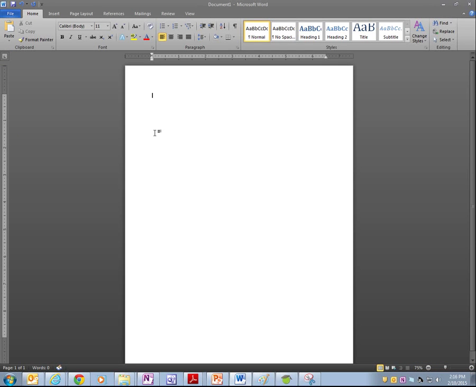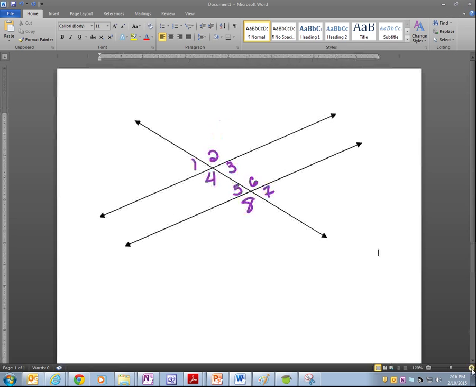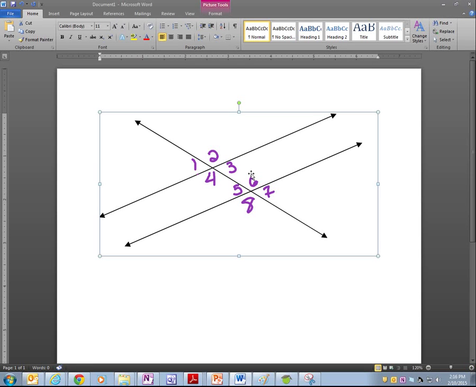Okay. So the thing about vertical is this. If you thought of vertical angles here, you would think 2 and 4, and 4 and 6, right? But that's just because of how we're looking at what side is up. What side is up in this transversal?